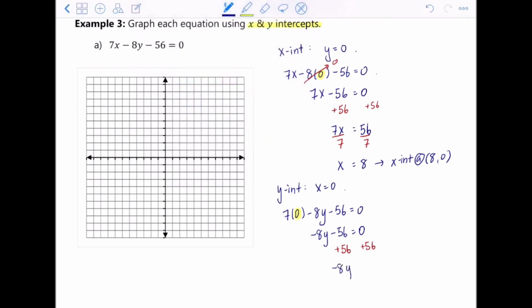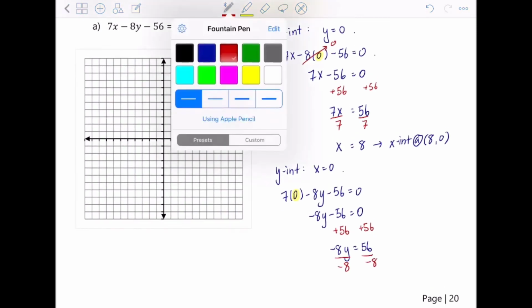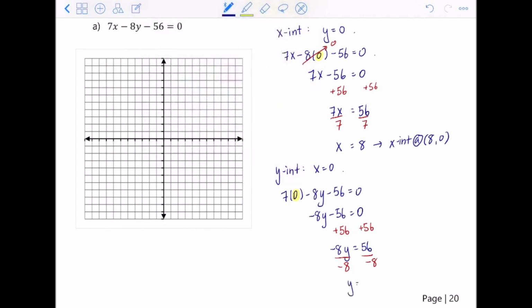So we have negative 8y equal to 56. We're trying to isolate y, so we divide both sides by negative 8, to make sure there's no negative in front of y. So we get y equals negative 7. This indicates that the y-intercept happens at 0, negative 7.